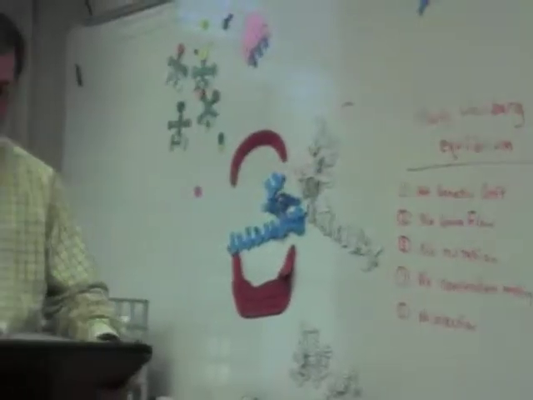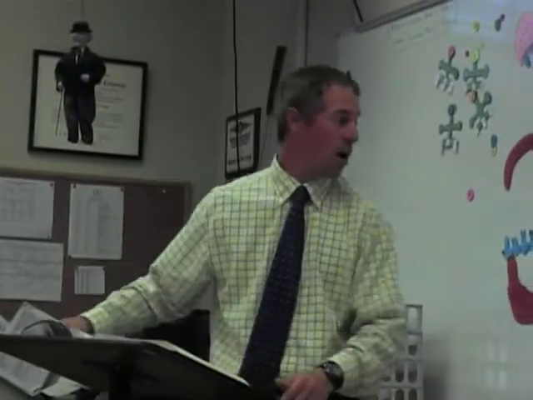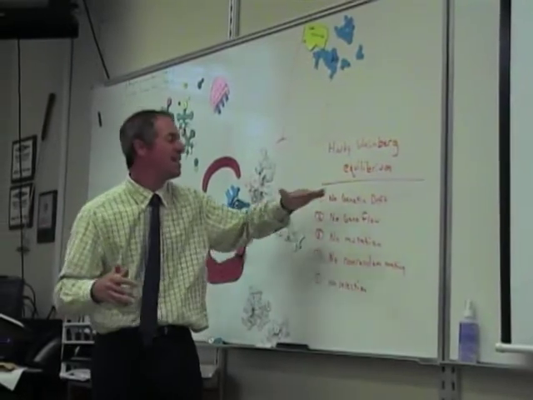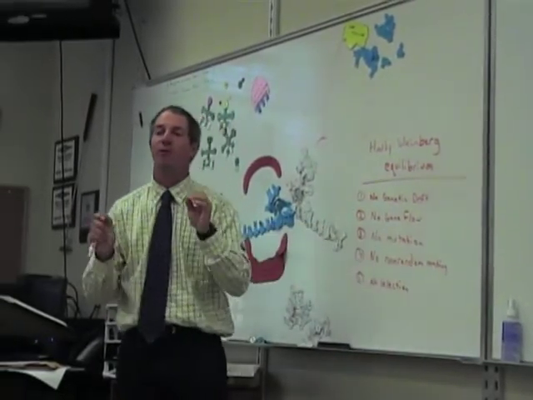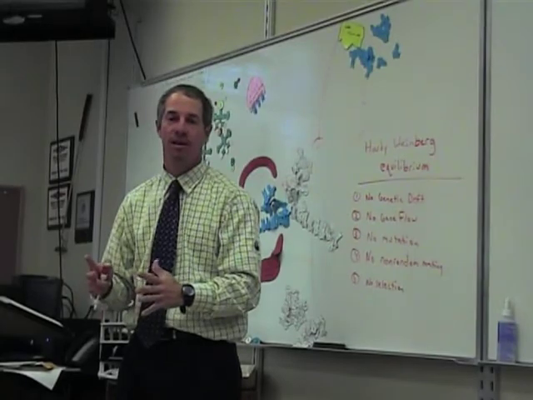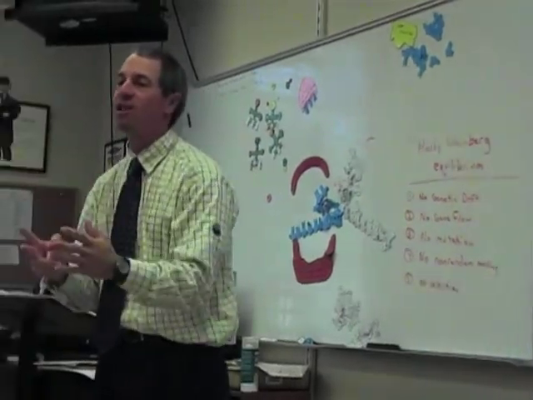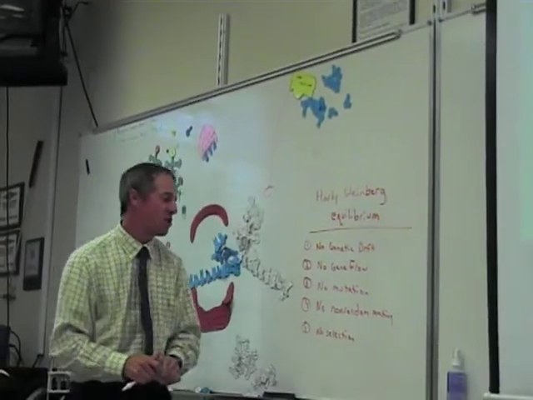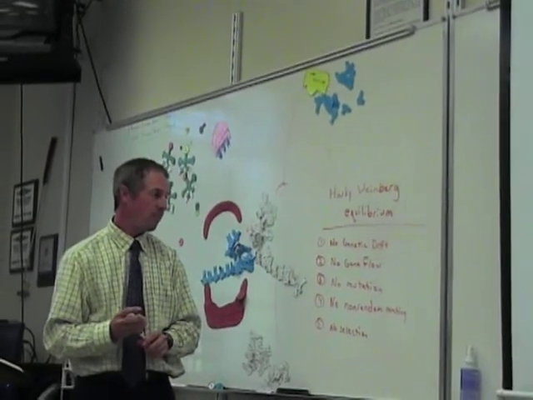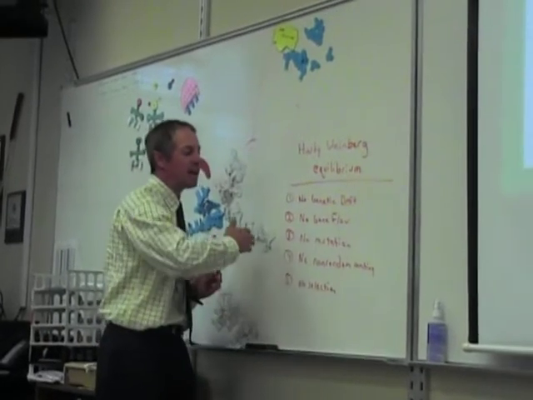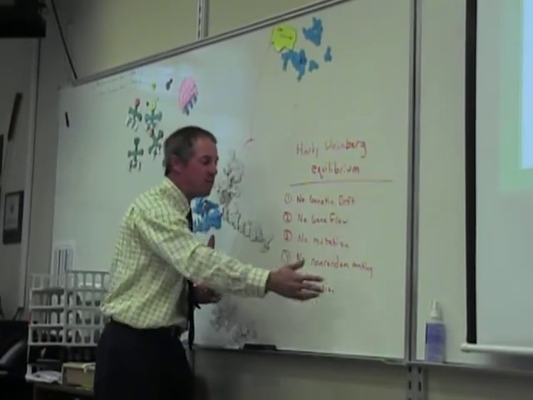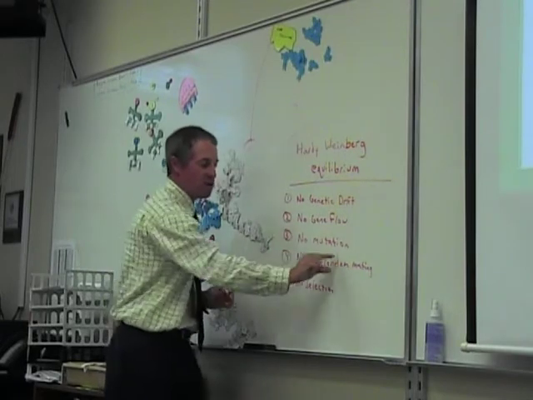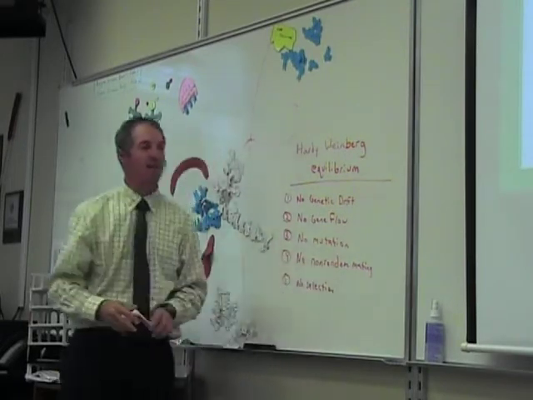So Hardy and Weinberg are saying these are the conditions that must be met for evolution not to happen. The population is going to change, is going to evolve if any of these conditions are not met. There can't be any genetic drift, gene flow, or mutation. The mating has to be random is what this means. And there can't be any selection.